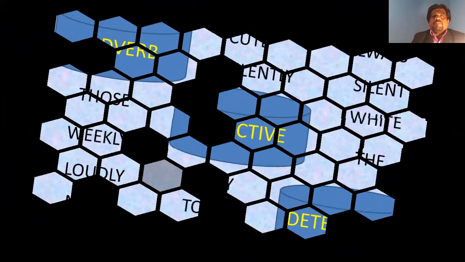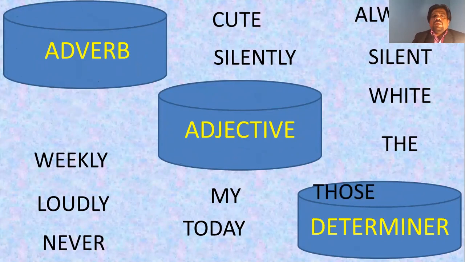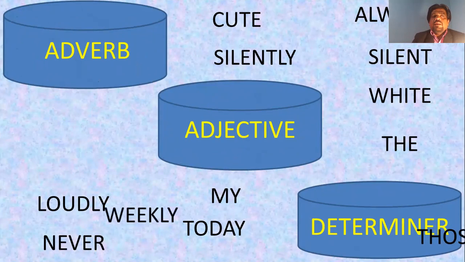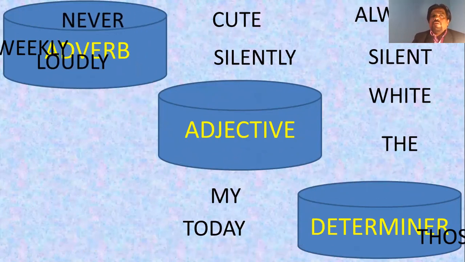And now comes the next three groups: adverb, adjective, and determiner. Let us see where these words stand. Those is a determiner, because it is a demonstrative pronoun. Weekly is an adverb. Loudly is also an adverb. Never is also an adverb.